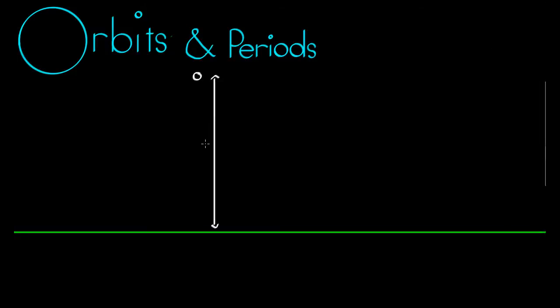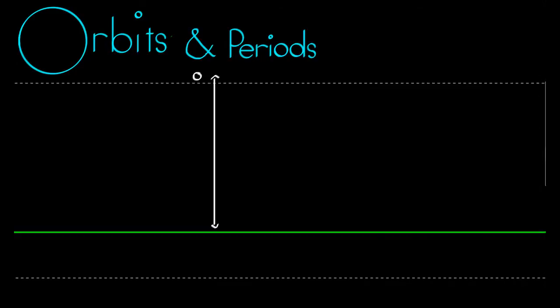So let's represent this in a little bit of a more sophisticated fashion. I'll put down some key equations first. Okay. So with anything in orbit, the centripetal force has to be supplied by the gravitational force. The centripetal force is equal to mv squared on r, which is the same as 4 pi squared r m on t squared.